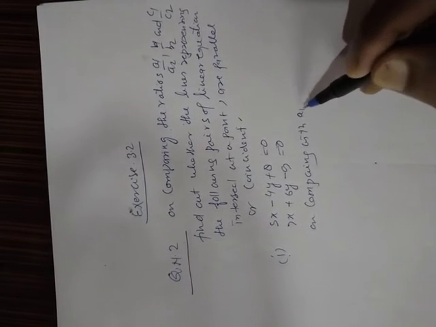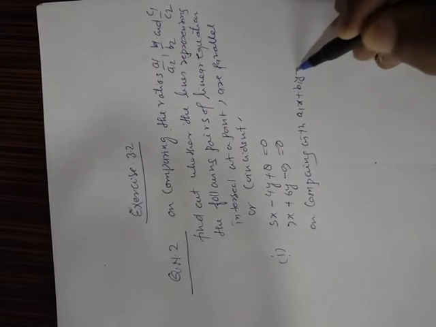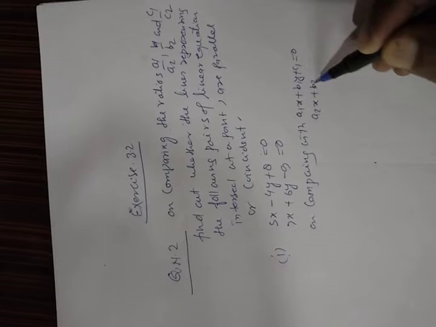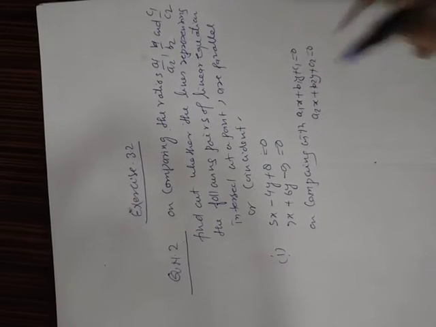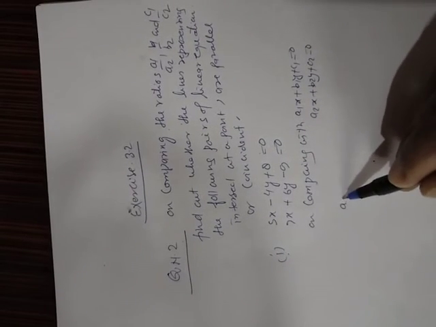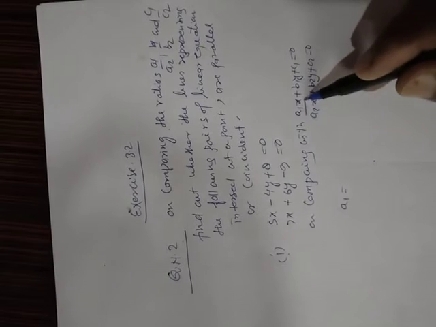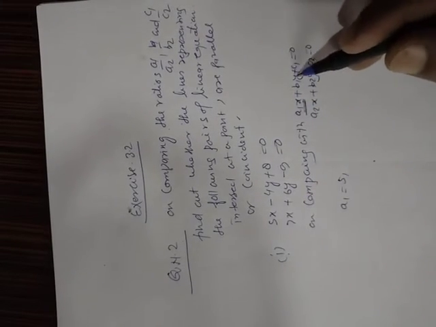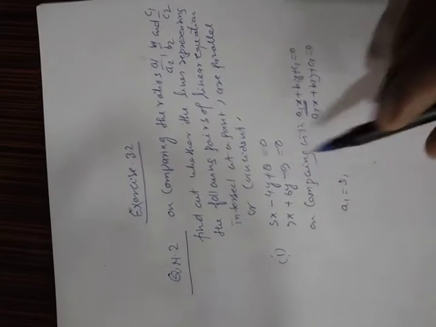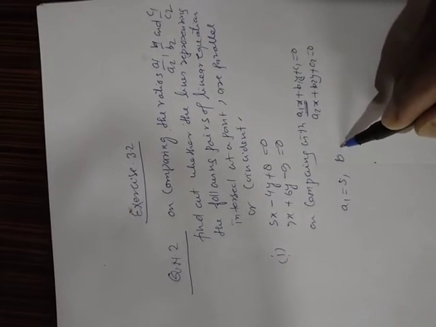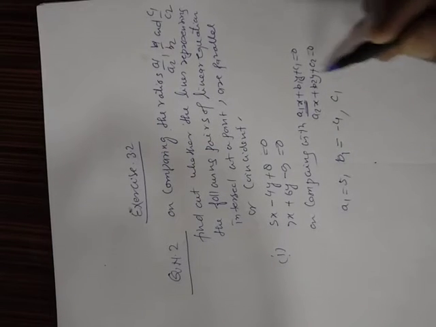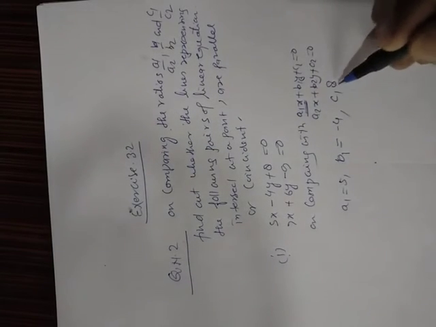with A1x plus B1y plus C1 is equal to 0, A2x plus B2y plus C2 is equal to 0: A1, the coefficient of x in the first equation, is 5. The coefficient of y in the first equation, B1, is minus 4 and C1 is equal to 8.